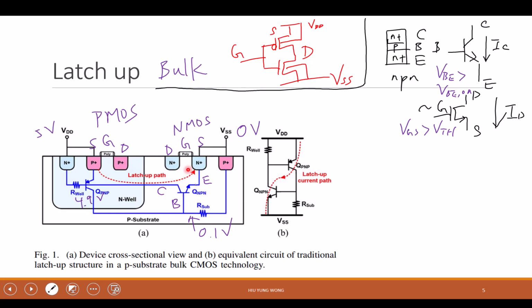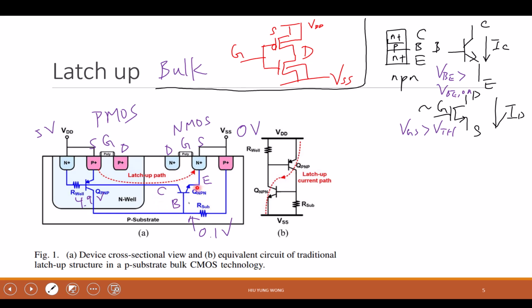Our goal is to make NMOS, but because of this structure, inevitably we will get a parasitic transistor. In the normal case, think about that. If no current is flowing, this is 0, this is 0, VBE is 0.